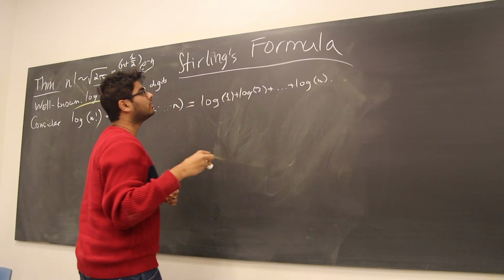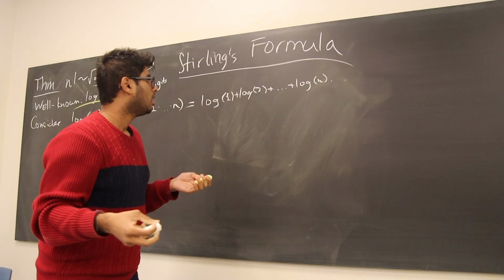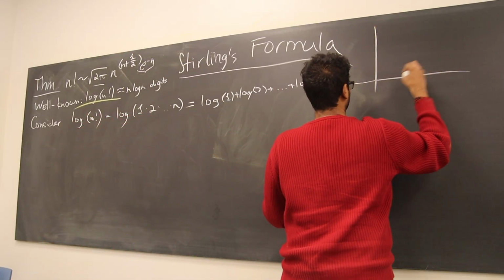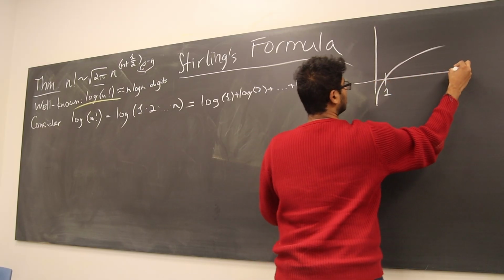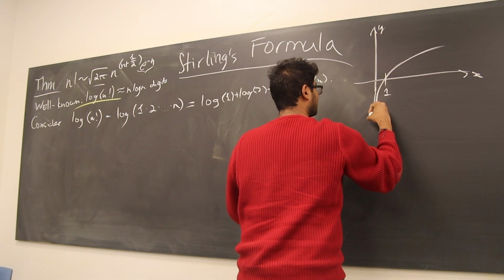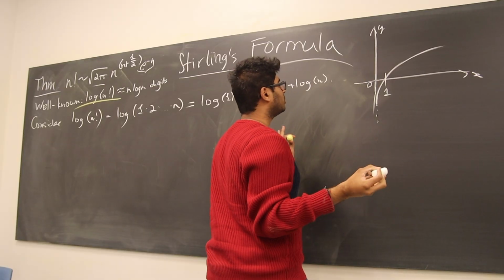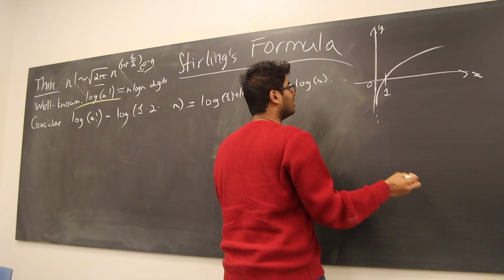Now, here is where we go back to the calculus days. Let's say I have the graph of log of n here. We have our good old intersection at 1, and tapering down onto negative infinity at 0. We all know log. I think we can agree log is increasing.